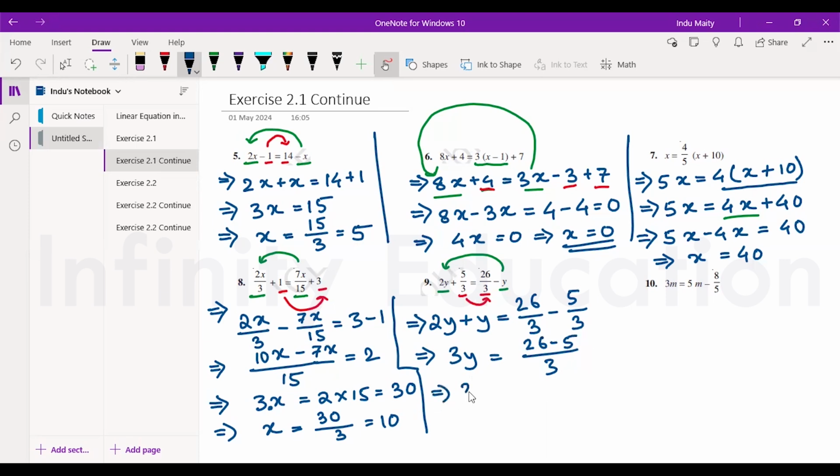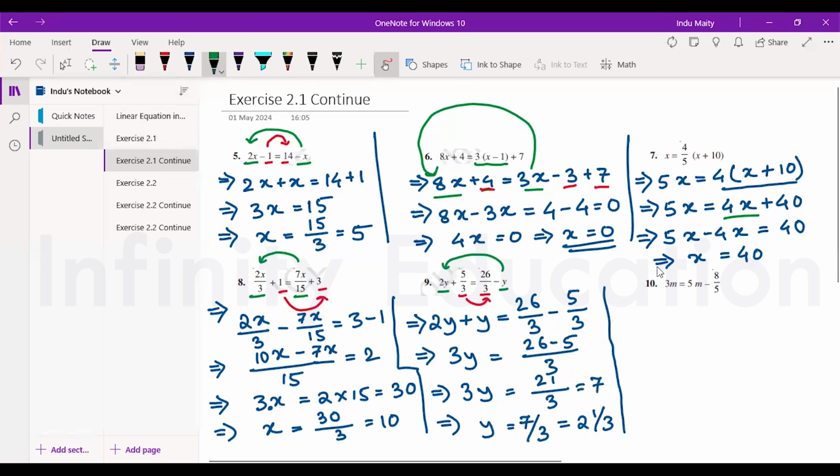So we are having 3y is equal to 26 minus 5, which is 21 by 3, which is 7. So y should be 7 by 3. You can convert this improper fraction to a mixed fraction, that is 2 and 1 over 3, based on how the question is asking you to solve.